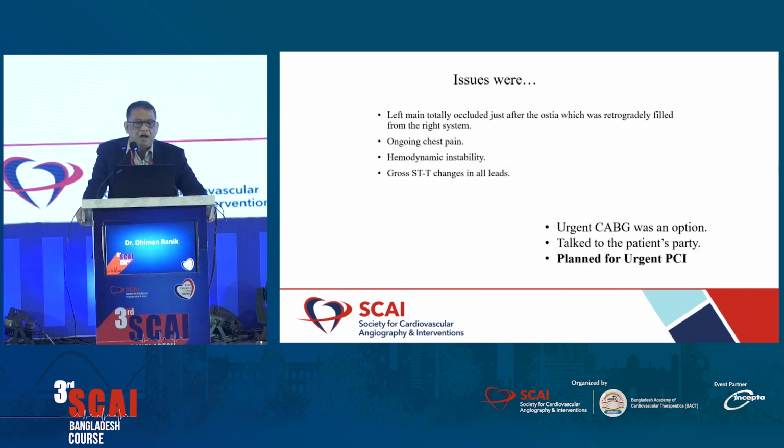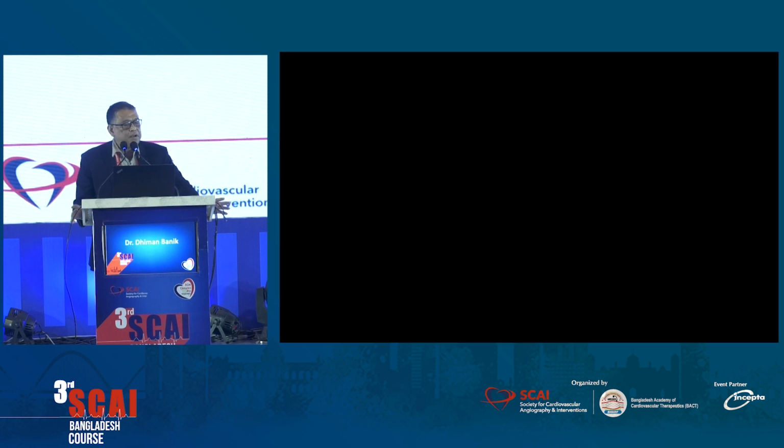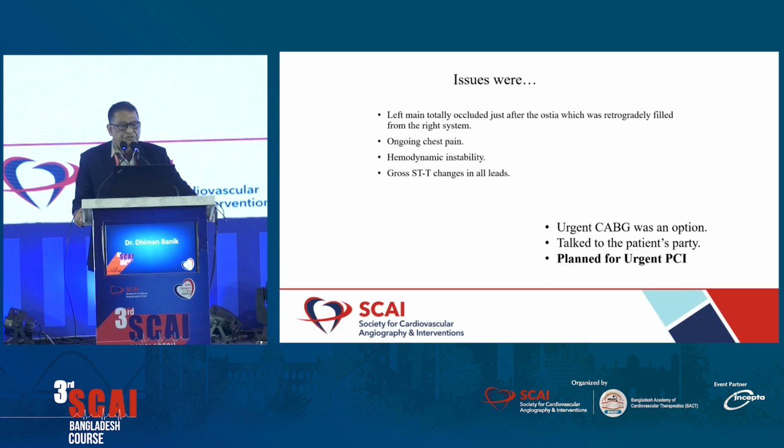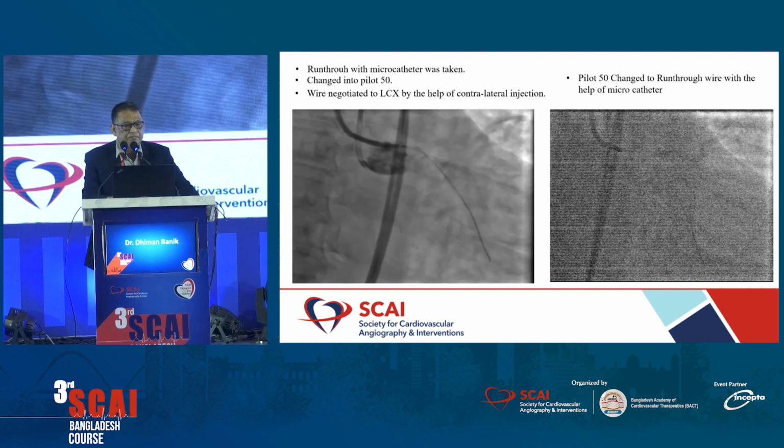The issues are: the left main is totally occluded just after the ostia, appropriately filled from the right system; the patient has ongoing chest pain, is hemodynamically unstable, and has gross ST depression in all leads. The main treatment option was urgent CABG. We talked to the patient's party and planned for urgent PCI.